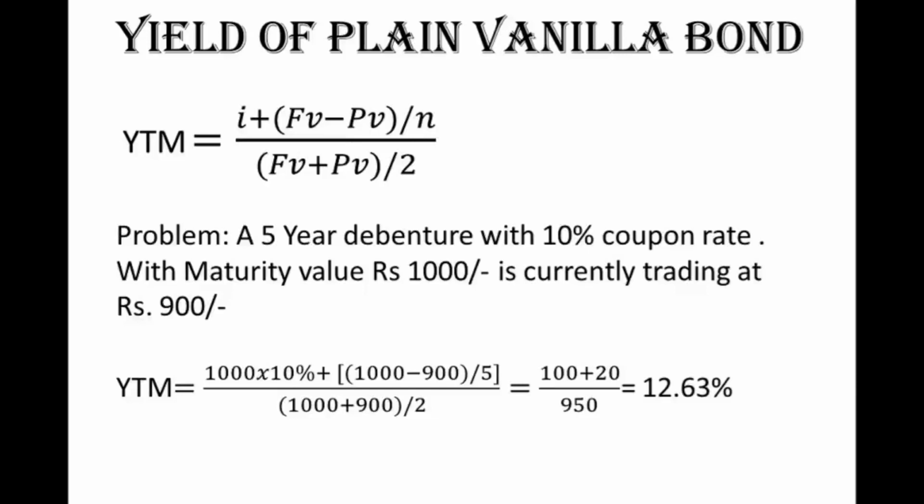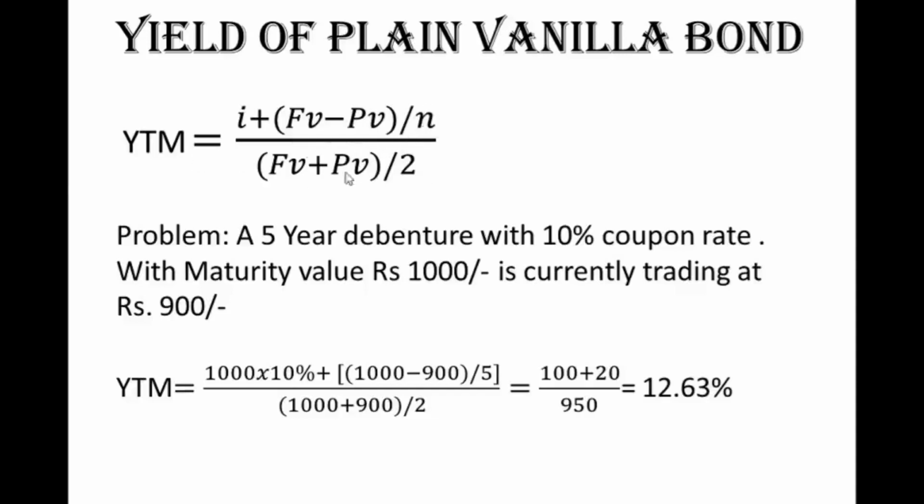So say your future value is 1100 and your present value is say 1000. So 1100 minus 1000, a total of 100 rupees is your profit or your gain. That gain you are not earning for a period of one day, it is for a period of n years. That's the reason why we are dividing it by n.